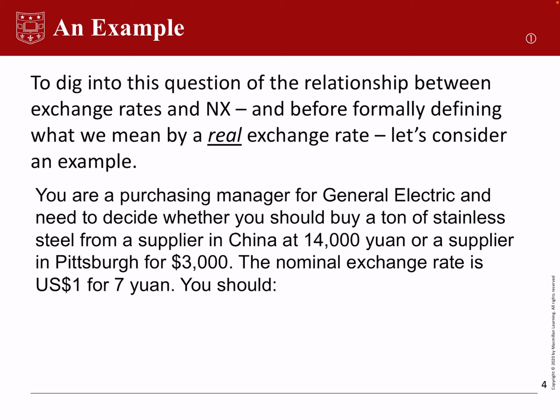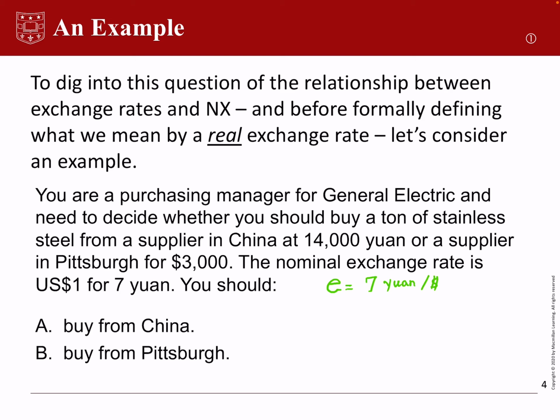And I'm telling you to suppose that the exchange rate is $1 trading for 7 yuan. So again, in notation terms, that would be that the exchange rate is 7 yuan per dollar. So our question is, what should you do?